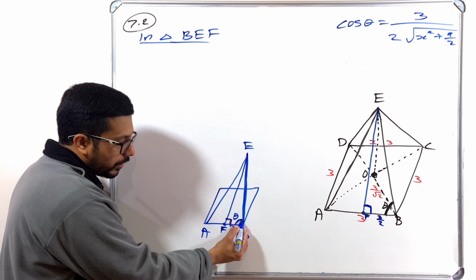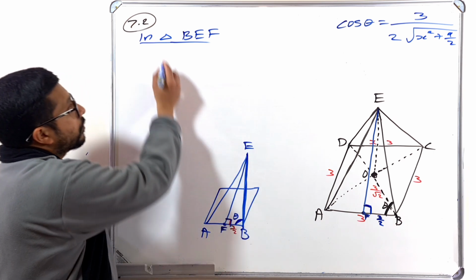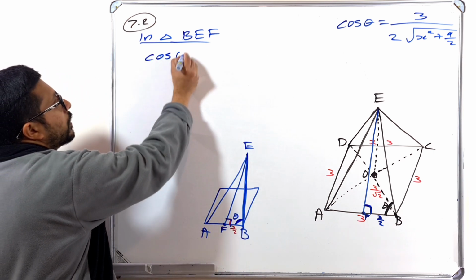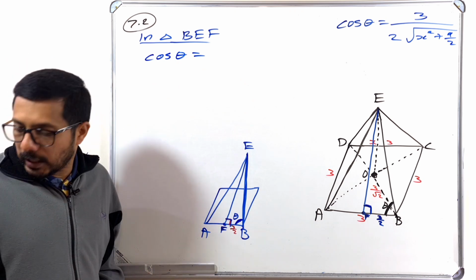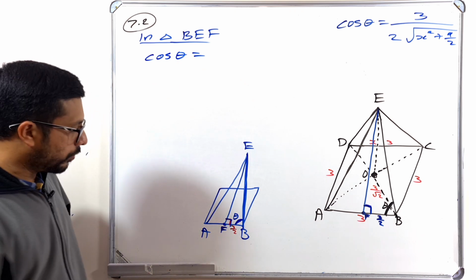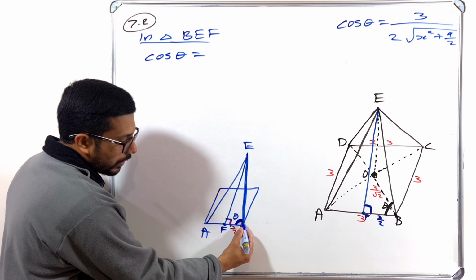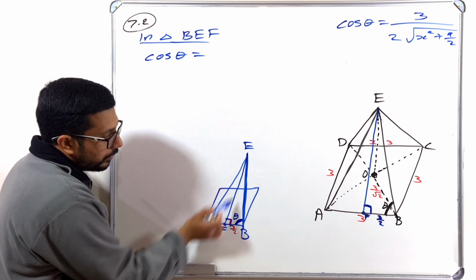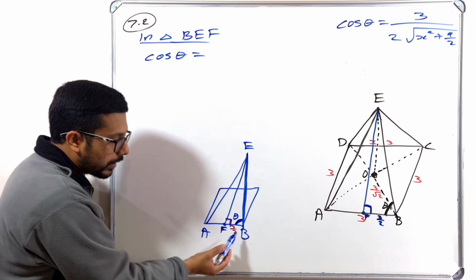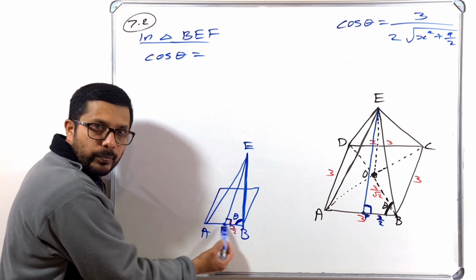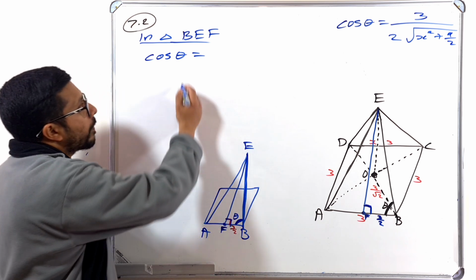Then cos theta. You know that cos theta is adjacent side by hypotenuse. Am I right? So this is theta. So what is adjacent side? This EF is the opposite side, am I right? So what is adjacent side? FB, or BF.